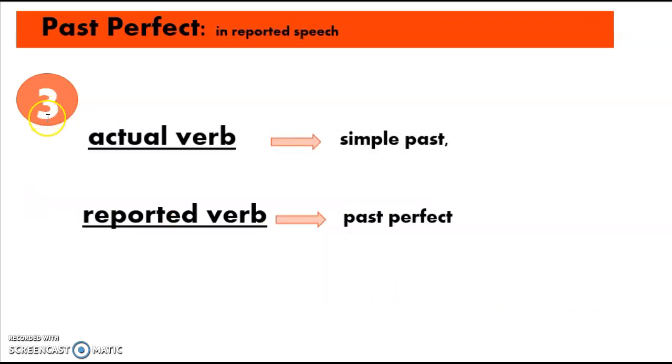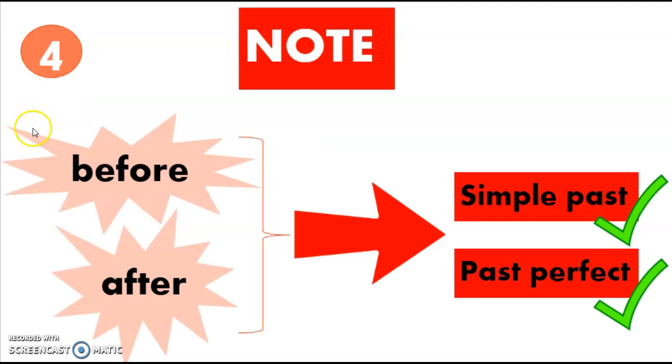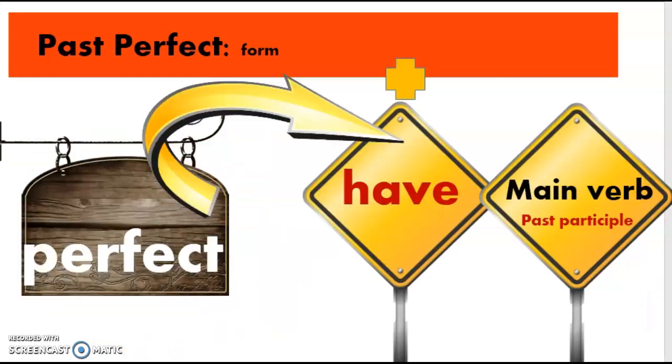The third case was when we used the past perfect in the reported speech. We said that when the actual verb is in the simple past, the reported verb would be in the past perfect. And the last note was when we have the adverbs of time before and after, the simple past or the past perfect can be used. Either one of them can be used. Both are correct.